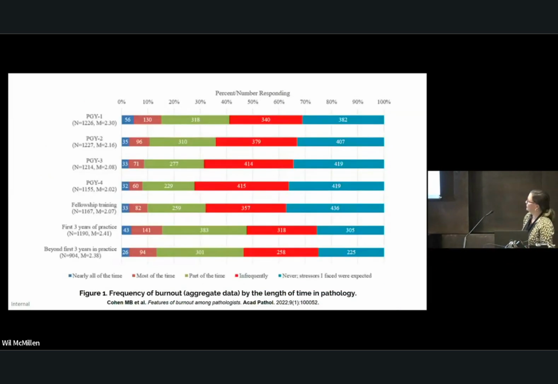Here's the visual for that, and what's really notable is that almost half of people in residency or early training report feeling those persistent negative experiences, which is not good. And hopefully there is a lot of time beyond those first 3 years in practice, so this doesn't really tell us more about the continuum of your pathology practice and those opportunities for new challenges to present burnout.